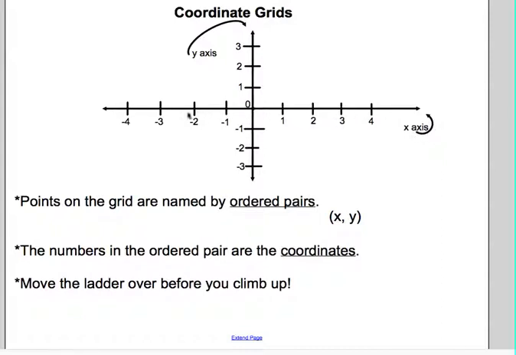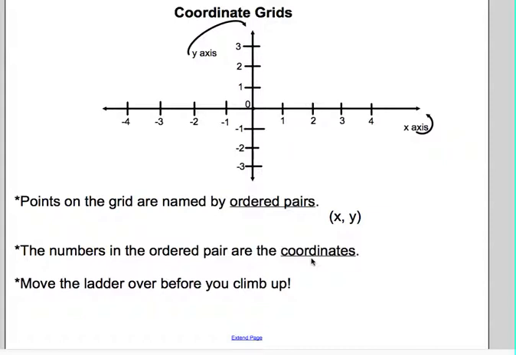Okay, the x-axis is the horizontal one. We always do the x-axis first, and then y stands for the y-axis number, which is the vertical line. We always do the y-axis second. Okay, we call this an ordered pair. The numbers in the ordered pair are the coordinates.